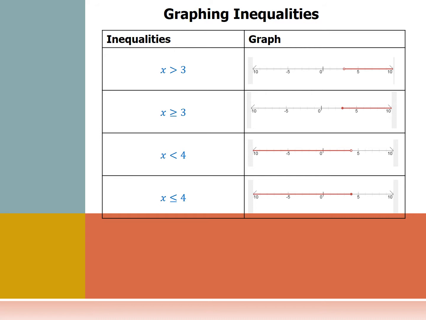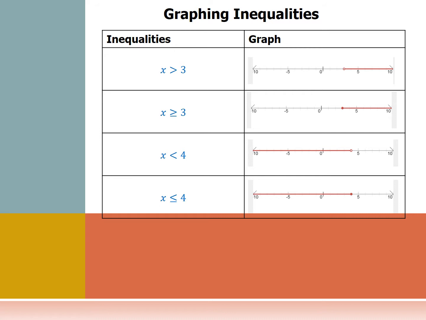So we have 0 1 2 3 4 5, etc. Starting from 3, because x is greater than 3, but remember that number 3 is not included in the domain of this inequality, so we should graph an open circle. That means number 3 is not included in the domain of the inequality.